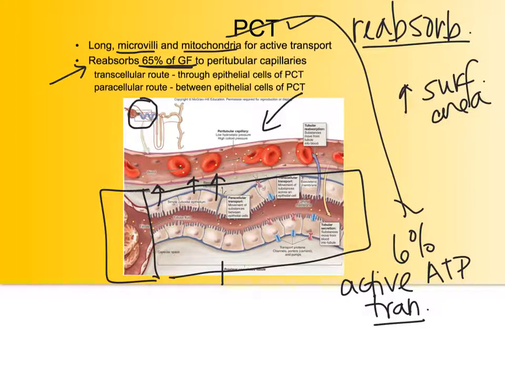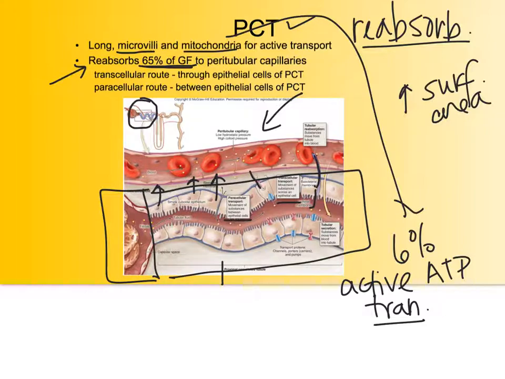This picture shows different ways that things are going through. Paracellular means it's going between the cells. Transcellular means it could be going through a membrane into the cell and then through another membrane and into the blood.